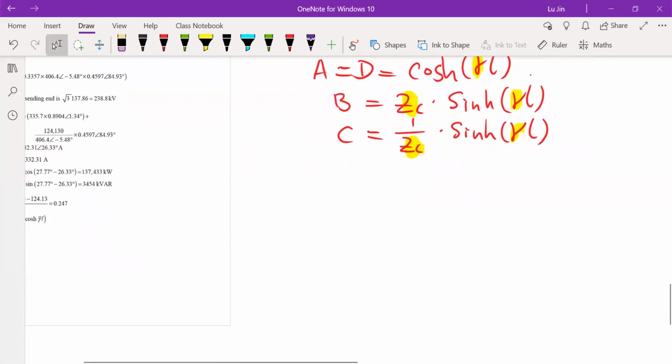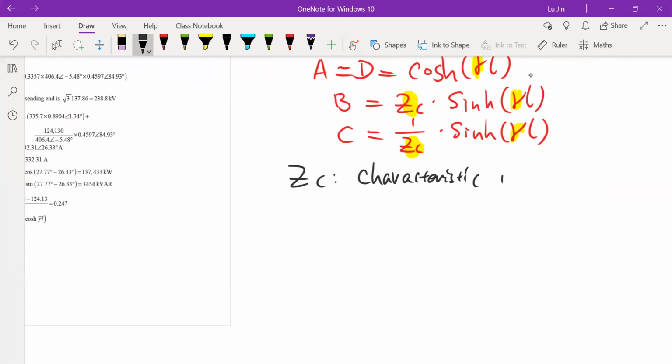ZC is called the characteristic impedance of the transmission line, and ZC is equal to the square root of z divided by y, where z is the unit impedance and y is the unit admittance. Unit is ohms. What's gamma?